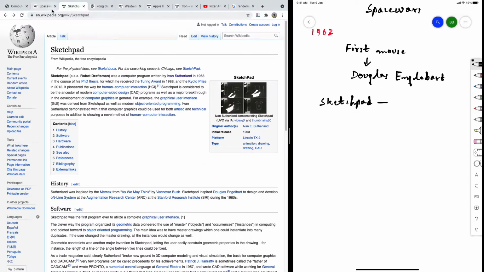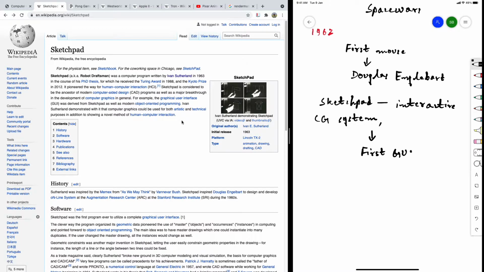Let me show you what is Sketchpad. So Sketchpad was nothing but an interactive computer graphics system, and you may say that it was the first graphical user interface.